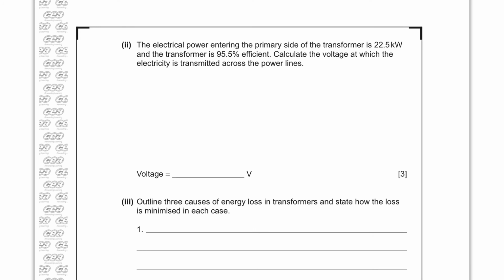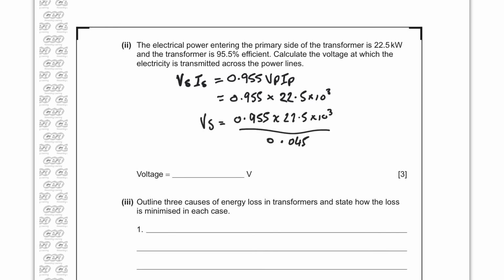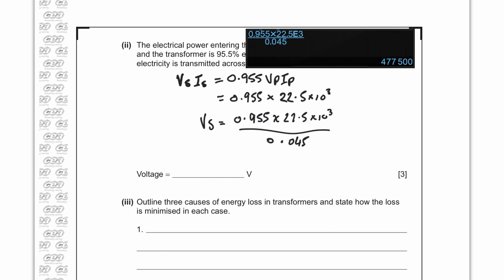So it's like power in times the efficiency gives you power out. So the Vp Ip is the primary power, 22.5 kilowatts. So Vs is going to be that value over Is, giving us that value.